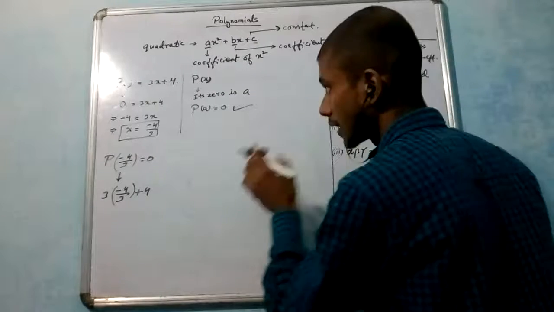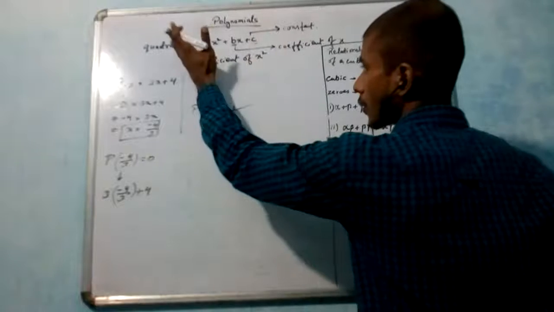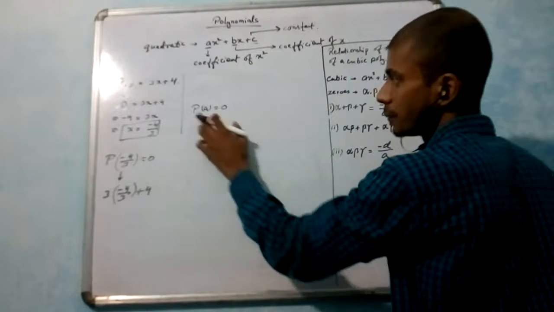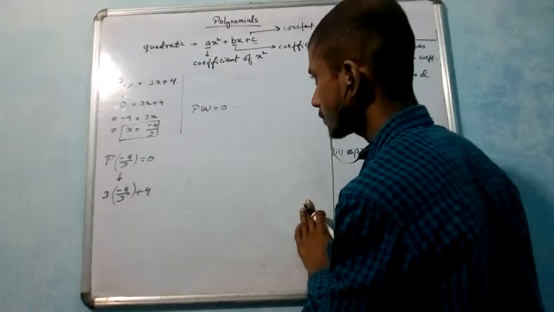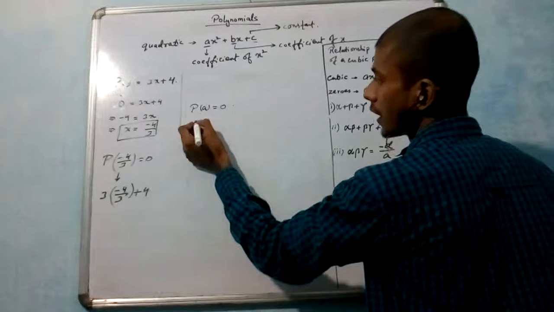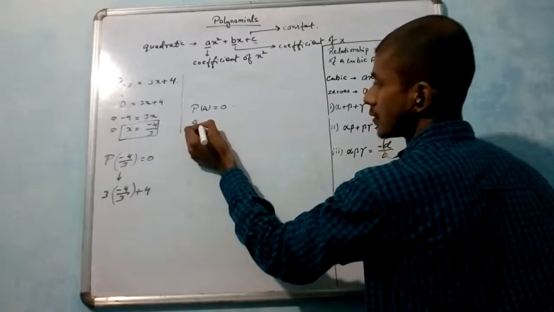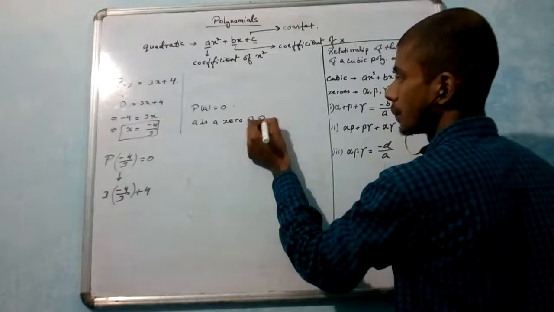Now another question. If p of a is 0, then can we write that a is a zero of the polynomial p?